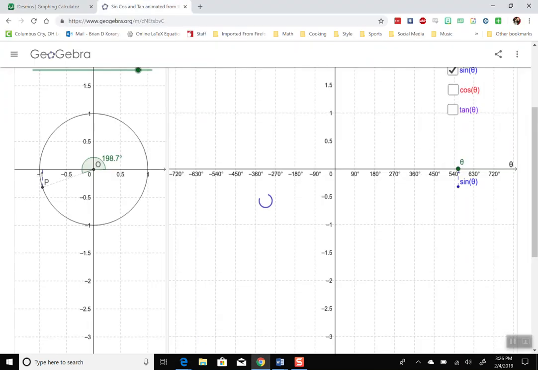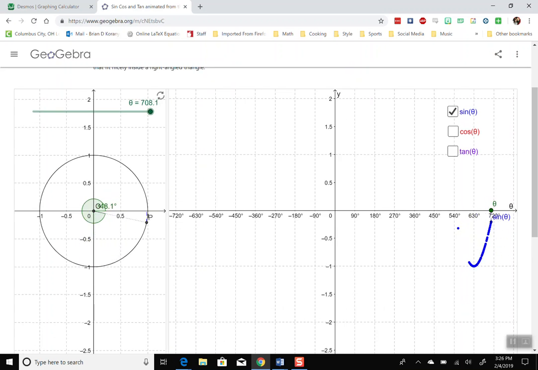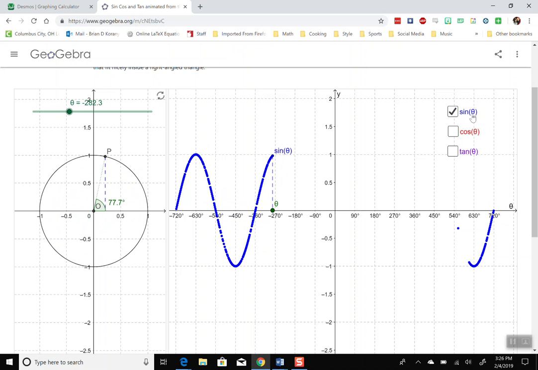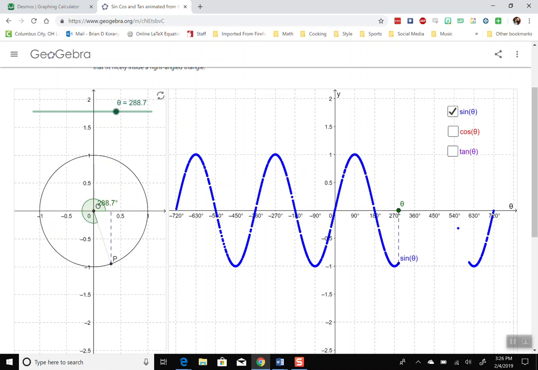You can see an animation going here, and this gets at the periodic nature, this repeated motion, in this case for the sine function. You'll notice over here that blue dashed line, that's the height of the triangle. It goes up and it goes down, it gets bigger and then smaller as you move along the circle.